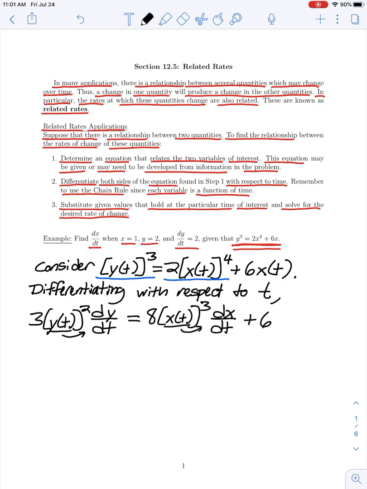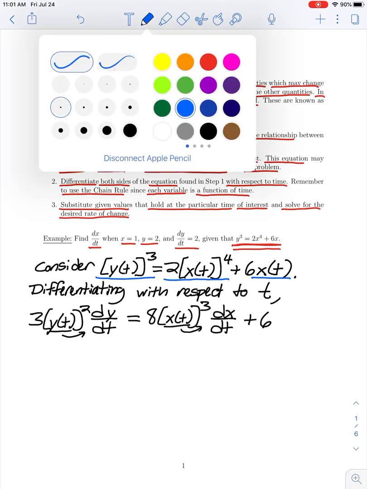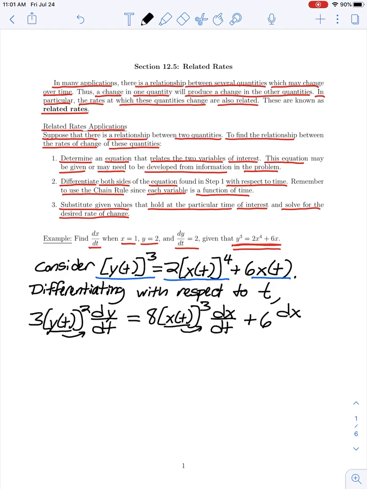And then plus 6 times the derivative of x with respect to t, which is what we're calling dx/dt. For simplicity, we usually don't keep writing x and y as functions of time. So to simplify the notation a little bit, I might just write this as 3y squared dy/dt is equal to 8x cubed dx/dt plus 6 dx/dt.